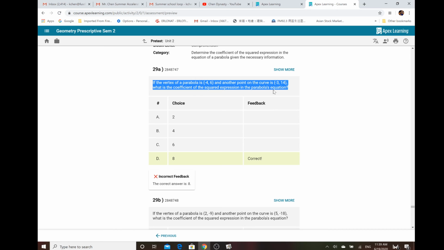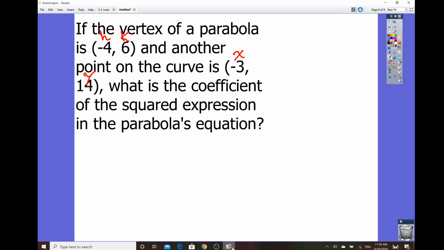It could be a sideways, it could be a regular parabola. So when you see questions like this, you've got to be a little bit careful, because we can use either one of those structures to find the value of A. Okay, so let's just use the regular format to find the value of A for this problem.